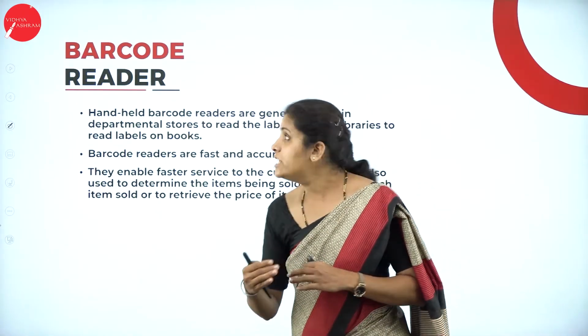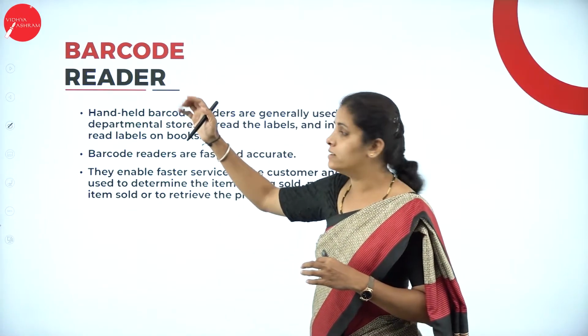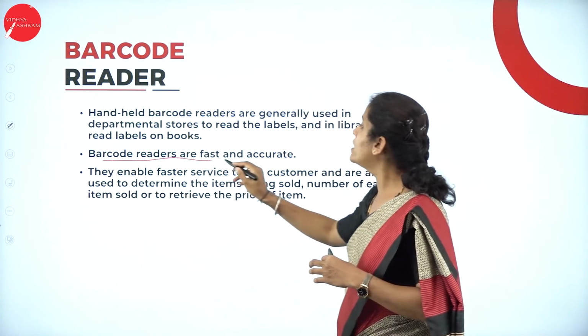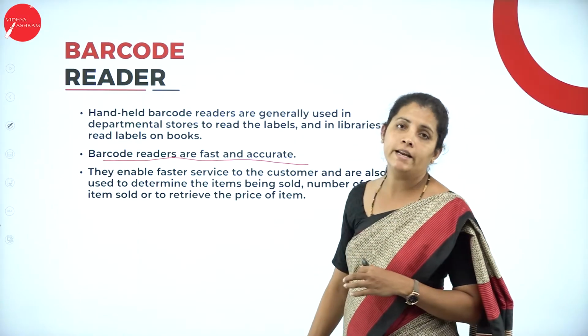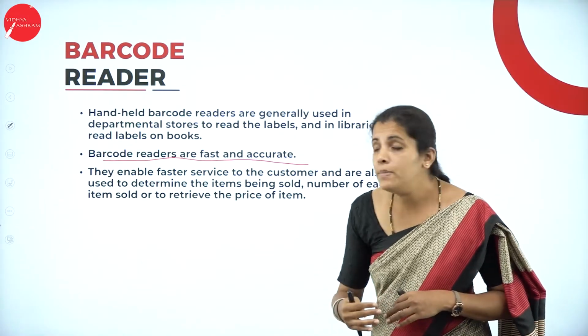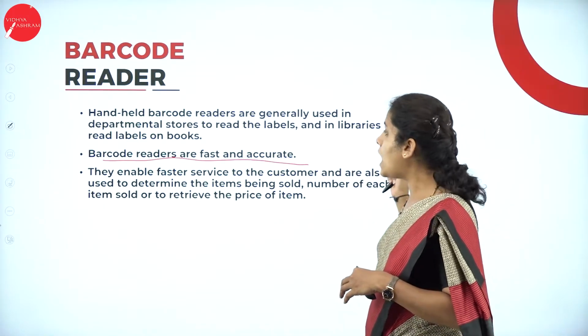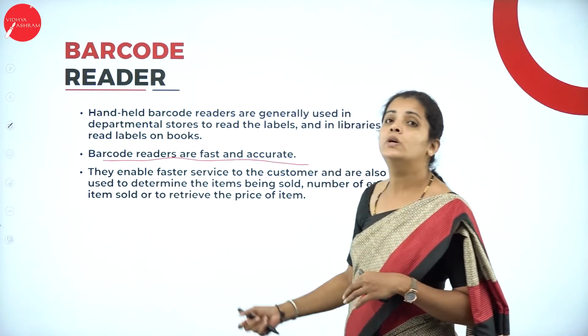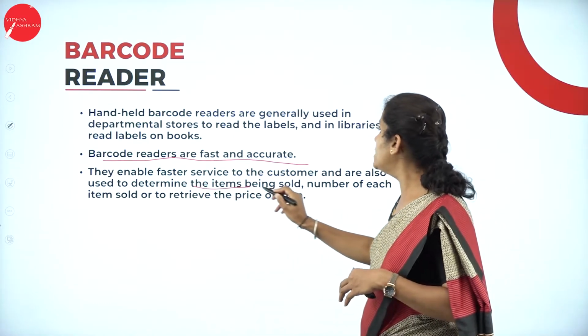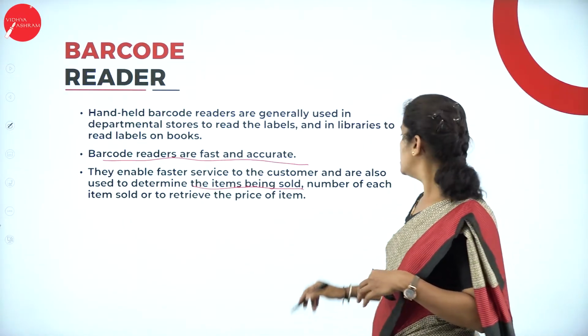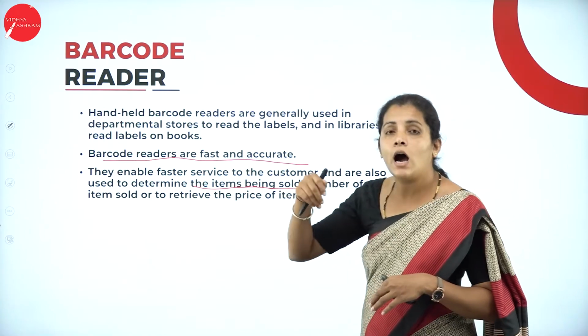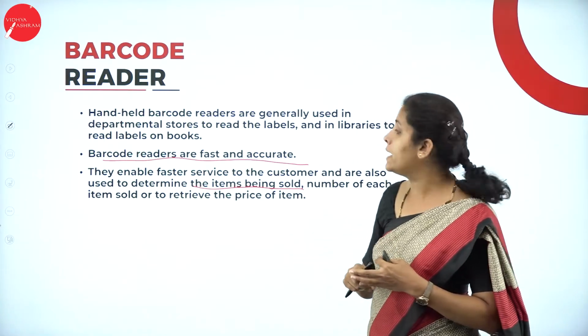The advantages of barcode readers are that they are fast and accurate. They enable fast service to the customer and are also used to determine the items being sold, and how many items are available in the supermarket.